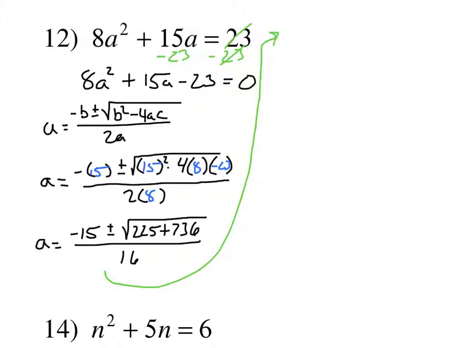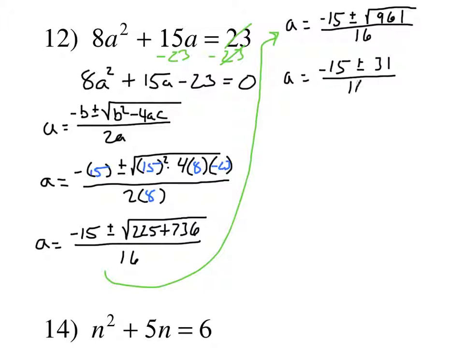All right, so x equals negative 15 plus and minus the square root of, what is that? 961. Did you say that was a perfect square? Yes. Sweet. Must be all the clean living. All right. So what is the square root of 961? 31.